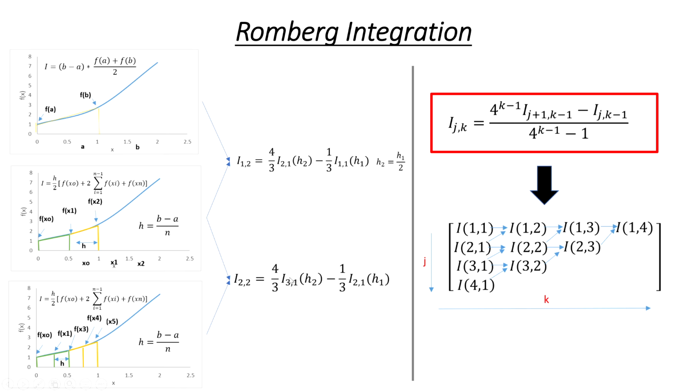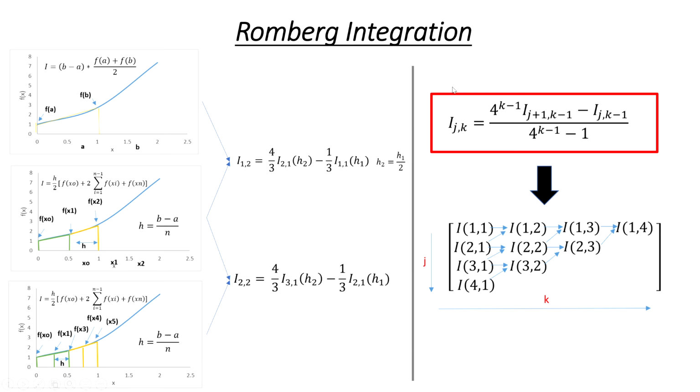And also J equal 3 implies the third accurate approximation that we have of these 3. Now K implies the level of integration, and I told you this is the first level of integration, and after combining for the first time, this is the second level, and if we combine again it will be the third level, combine again will be the fourth level, and so on.